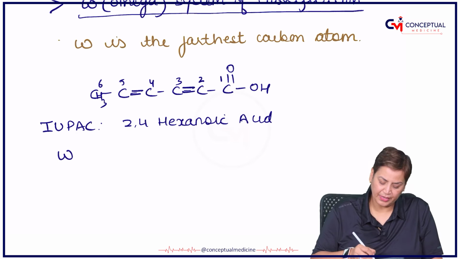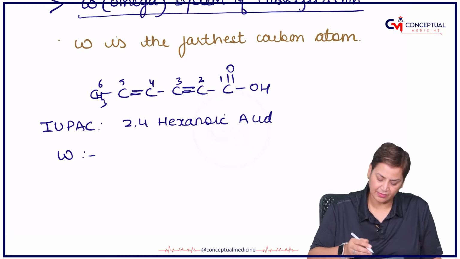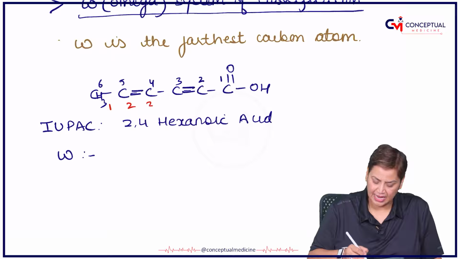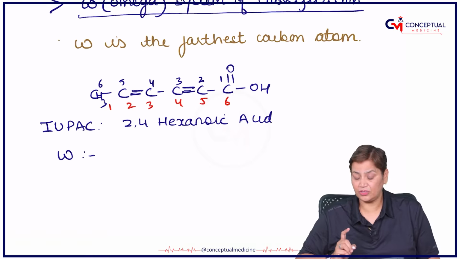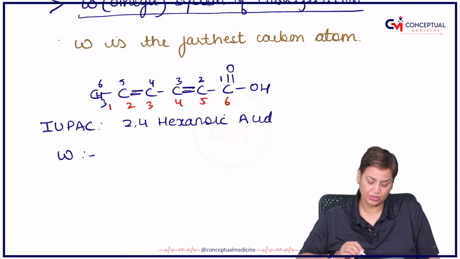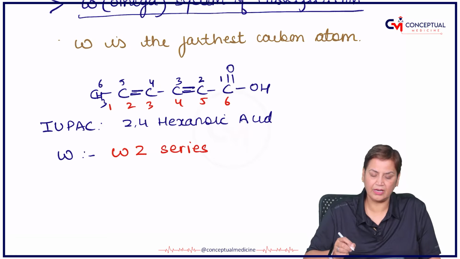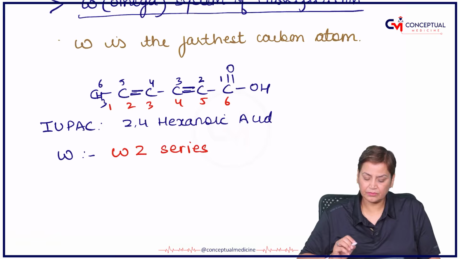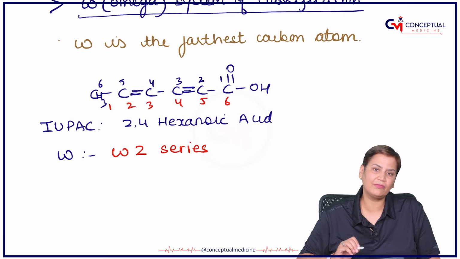But as per the omega system of classification, omega is the farthest carbon atom. So we decide at which position the double bond is present. We can see the double bond at the second position, so we will call it the omega 2 series. Since omega is the farthest carbon atom, we count from the farthest carbon atom to where the double bond is present.